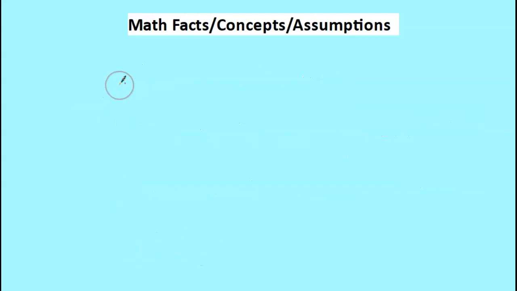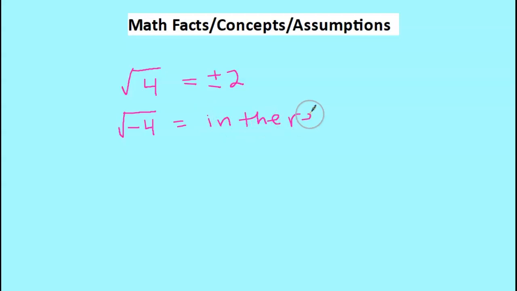Okay, in the real situation, we say that the square root of a positive number that is a perfect square, like 4, becomes plus or minus 2. But if we have the square root of negative 4, in the real situation, we say that this is also an error or undefined.